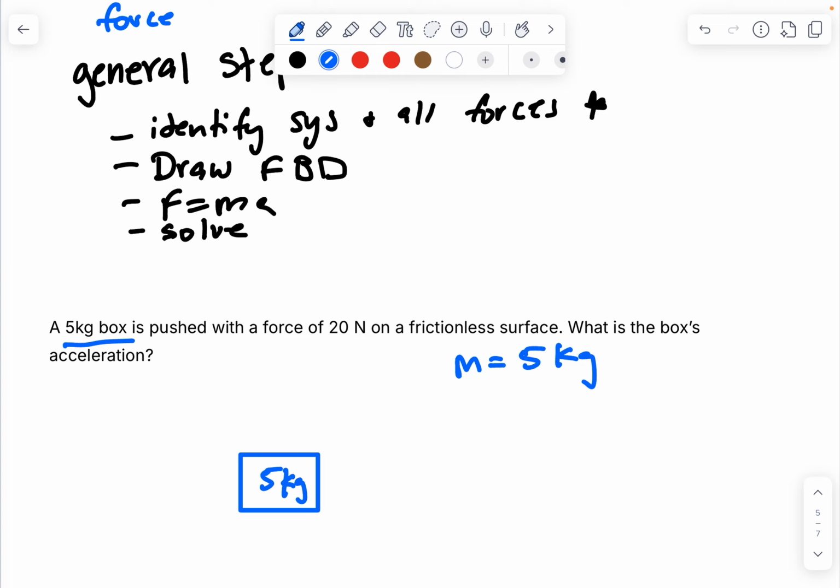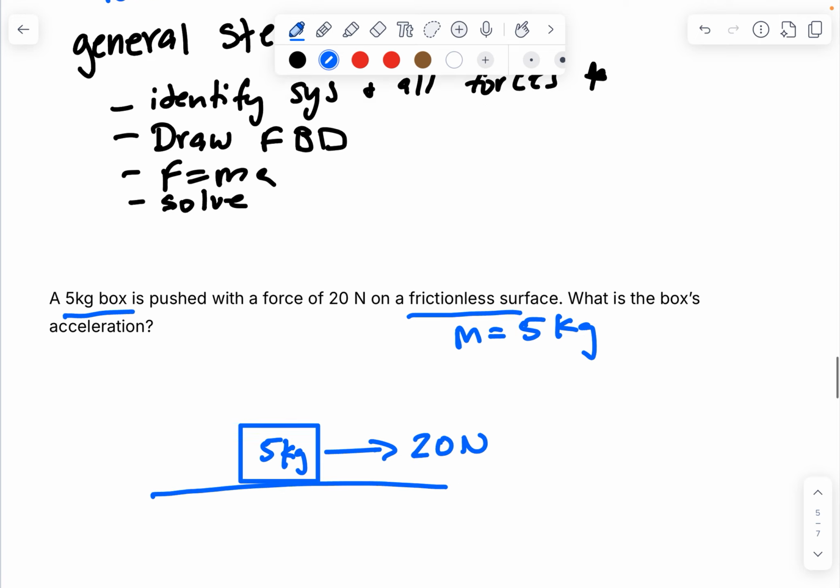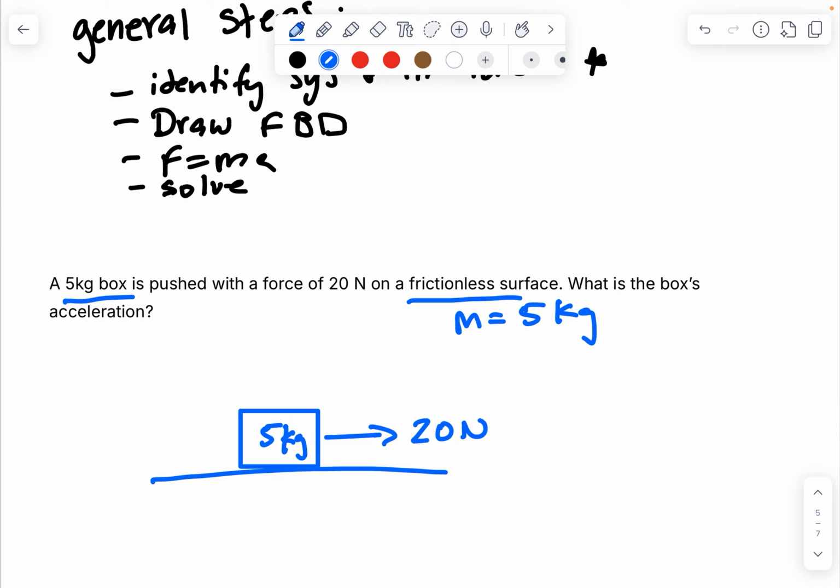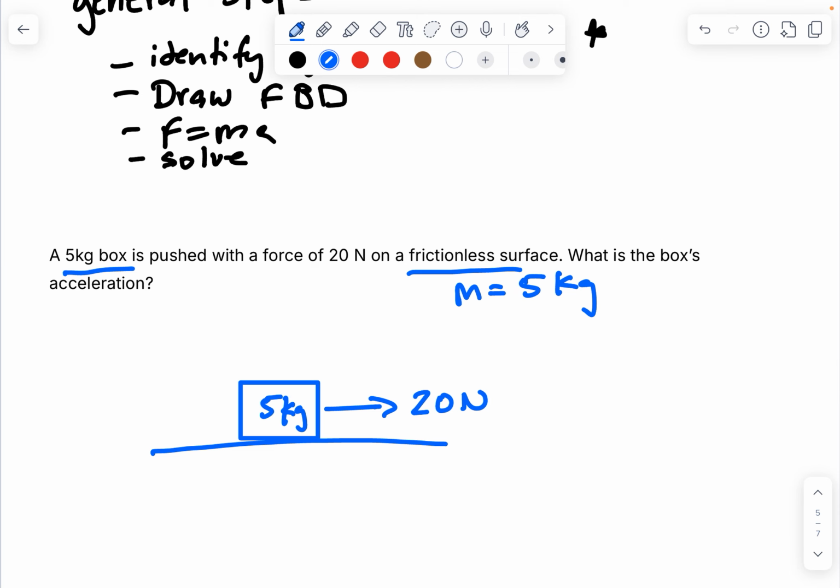So I'm going to say the box is pushed this way with 20 newtons on a frictionless surface. Frictionless surface means there's no friction. So we have a box on the ground, there's no friction, it just slides perfectly in the direction of the force. What is the box's acceleration?